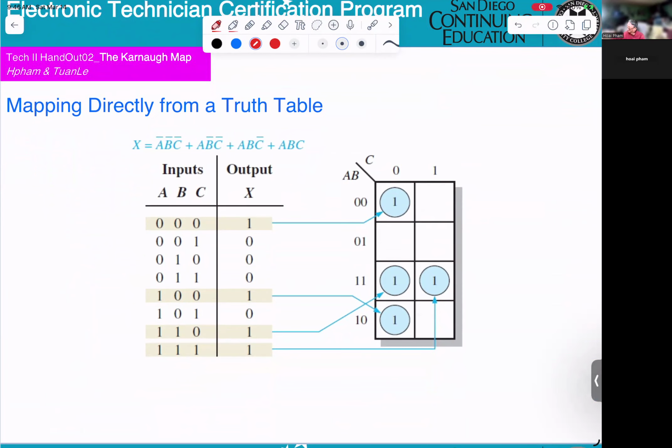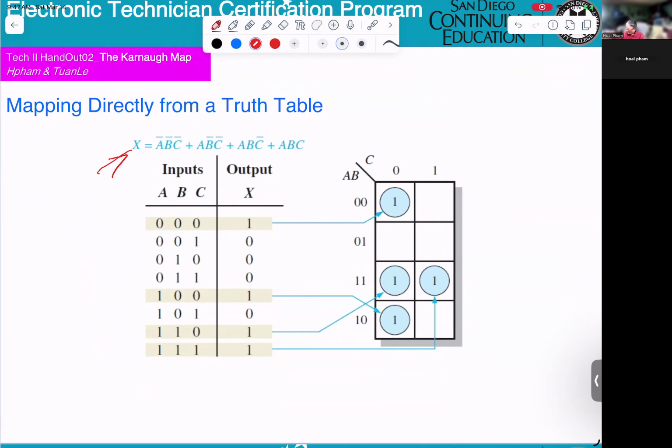Okay. And then anyway, now they want to map on the truth table. For example, the expression I equals not A, not B, not C, or A and not B, not C, and so on.